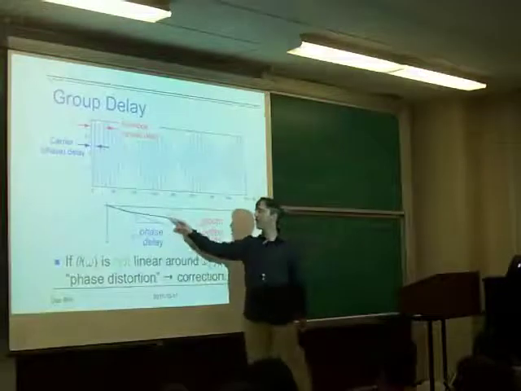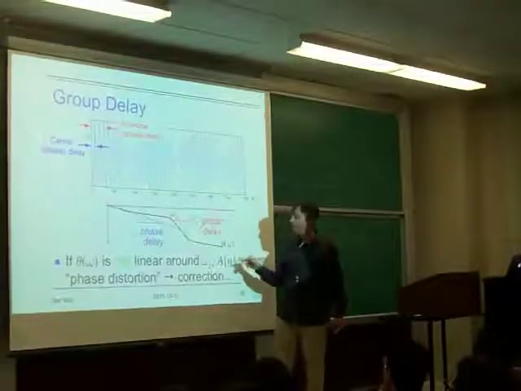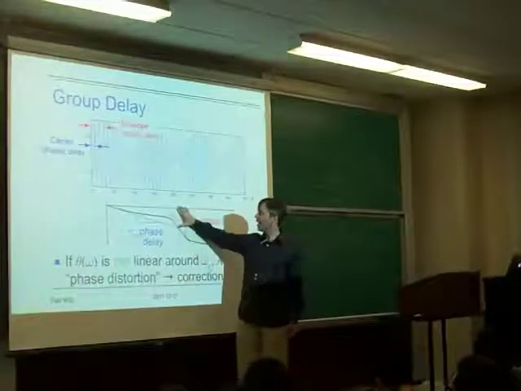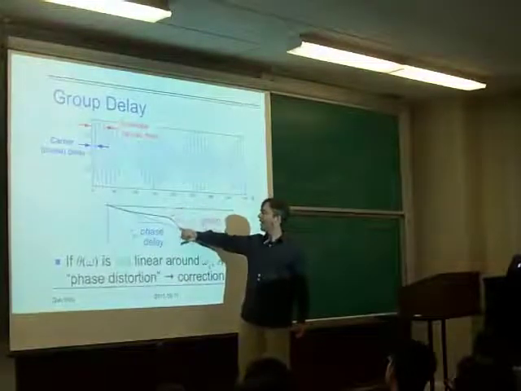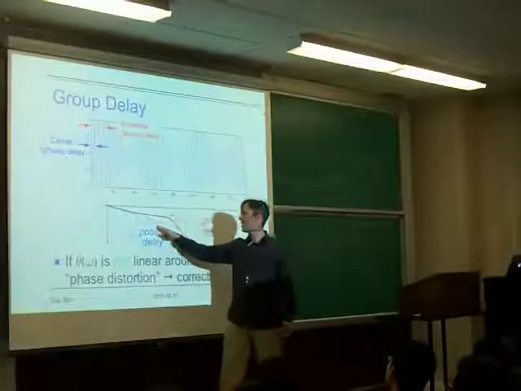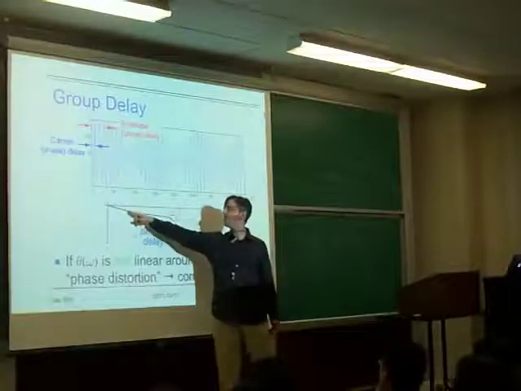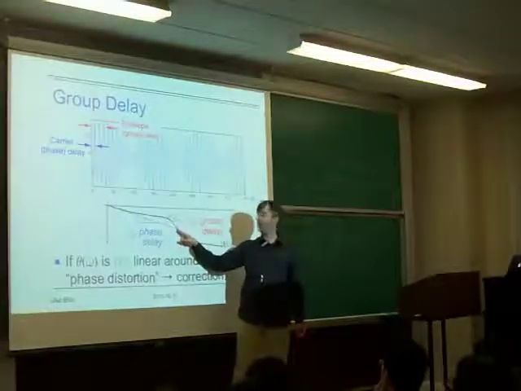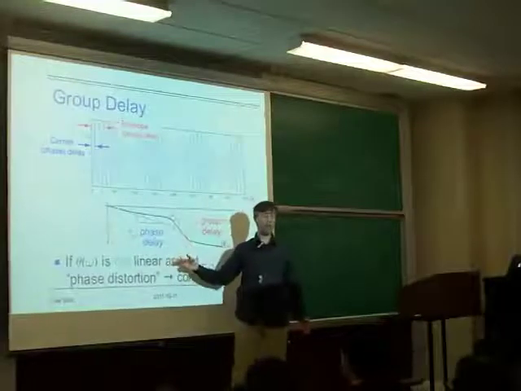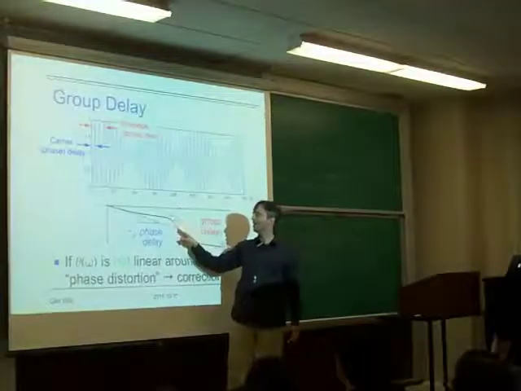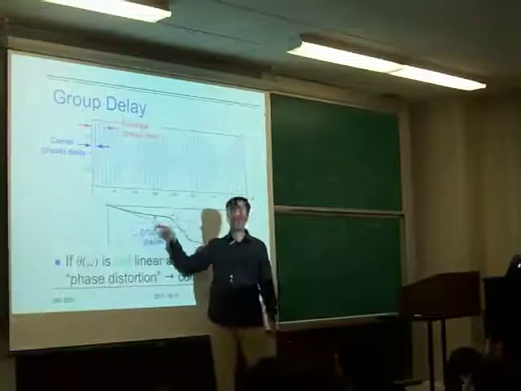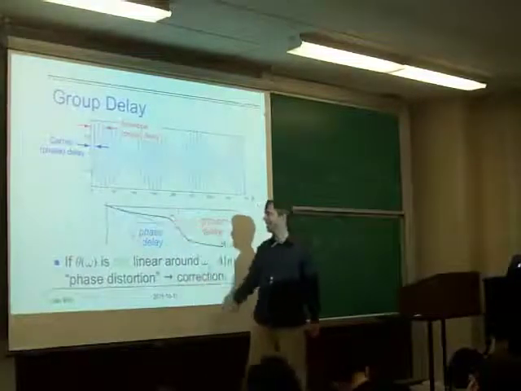So the black line is the overall phase function, theta of omega. The value of theta of omega at a particular frequency, or in particular, the ratio of that value to the actual frequency, which is kind of the slope of this straight line from the origin to the phase function, that's the phase delay, right? So for a given frequency, we're dividing by omega, so it's sort of the arctan of those things at that angle, something like that.